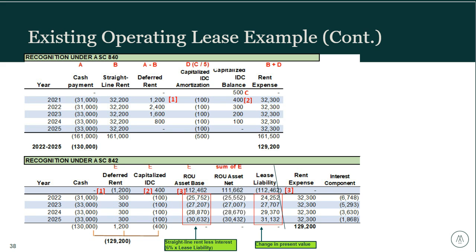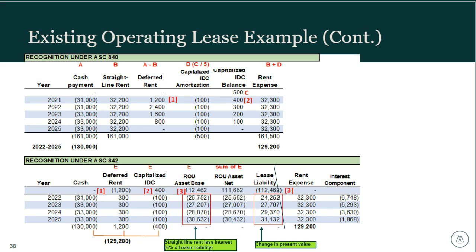or it will be merged with the ROU asset base, which is our day 1 equal to lease liability ROU asset amount. What you see in this ROU asset net column, that's what's actually hitting your ROU asset account at the end of the day.